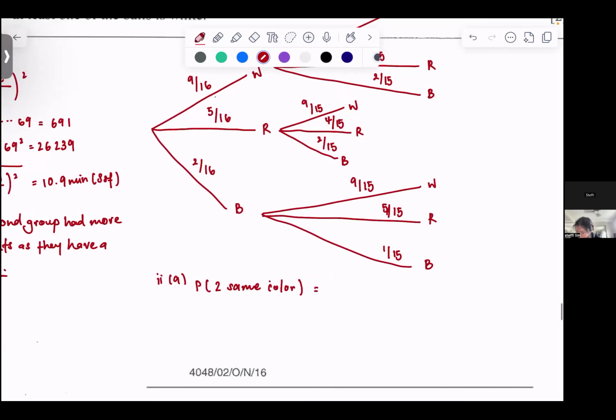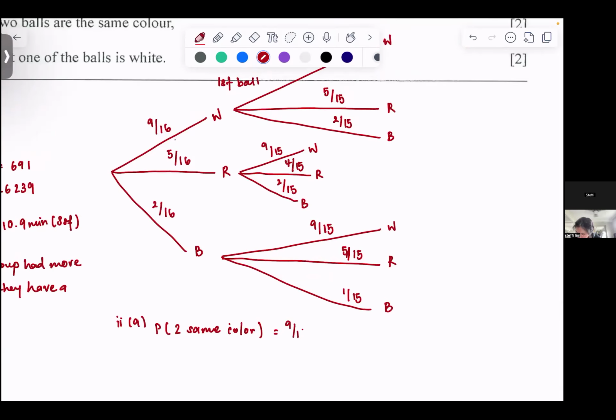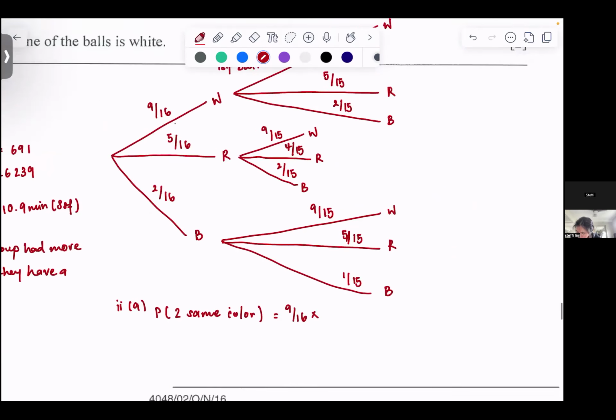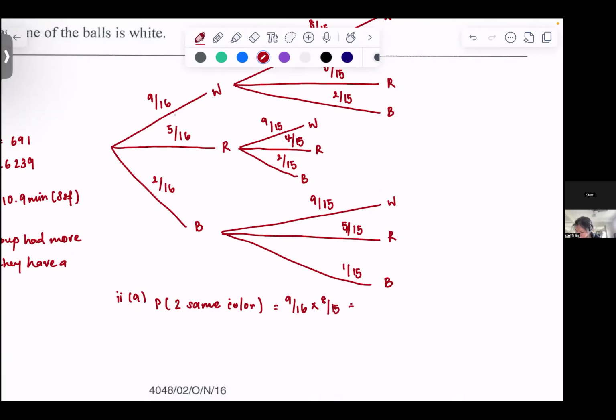So that will be 9 out of 16 times 8 out of 15, because white, white. Plus 5 out of 16 times 4 out of 15, sorry, because red, red. Plus 2 out of 16 times 1 out of 15, because 2 blacks. Okay?